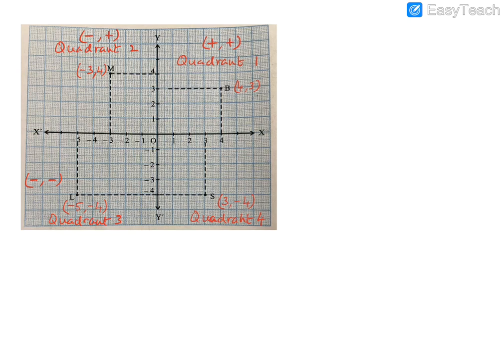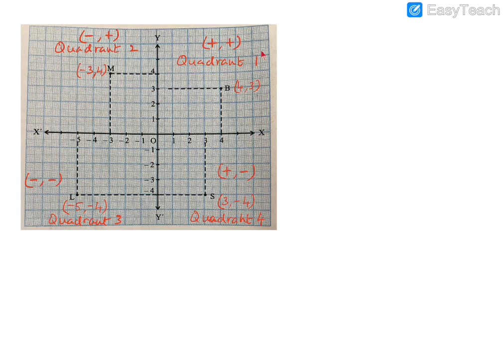And for the fourth quadrant, the x coordinate is positive and the y coordinate is negative. So we'll have plus for the x coordinate, comma minus for the y coordinate.